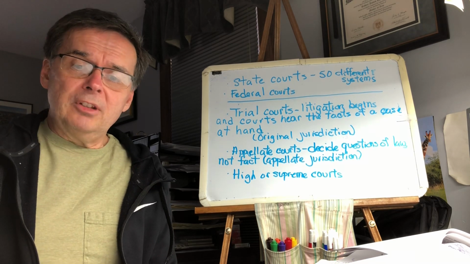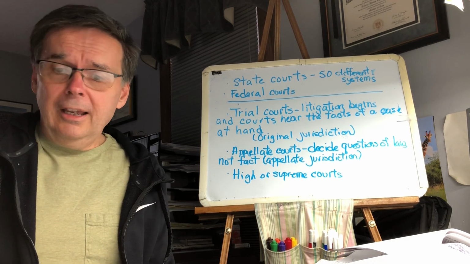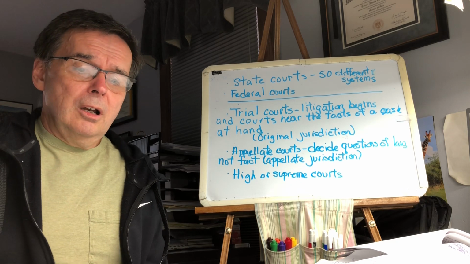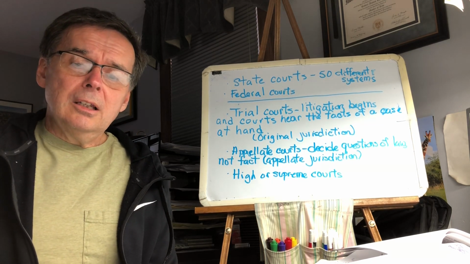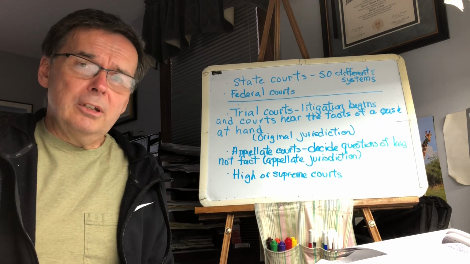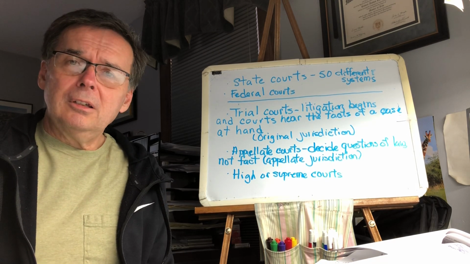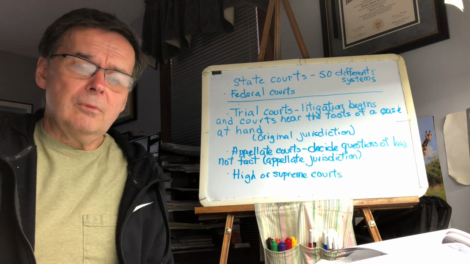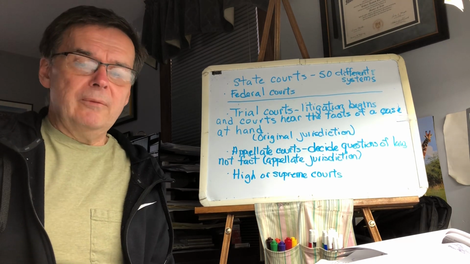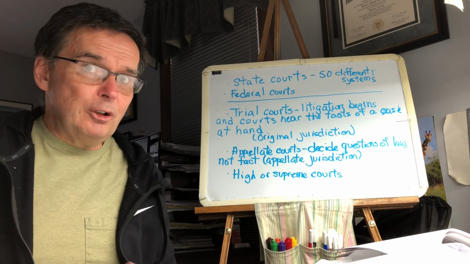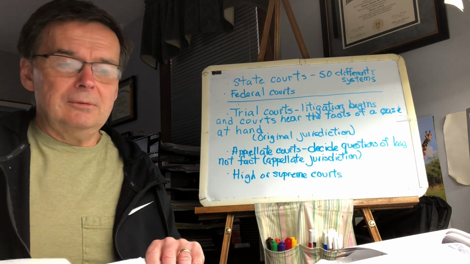For murder, some states have the death penalty, right? And others don't. Since crimes are considered to be against society, the government is usually the plaintiff in criminal cases. Hence, titles like the People of the State of California versus Michael Jackson.